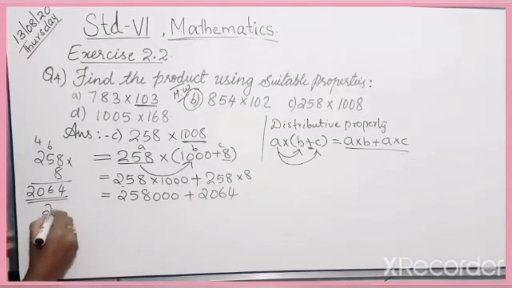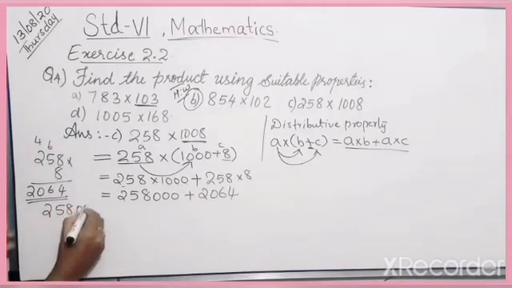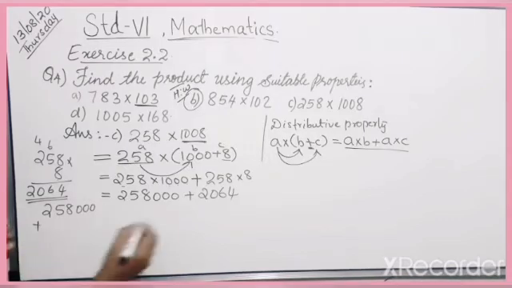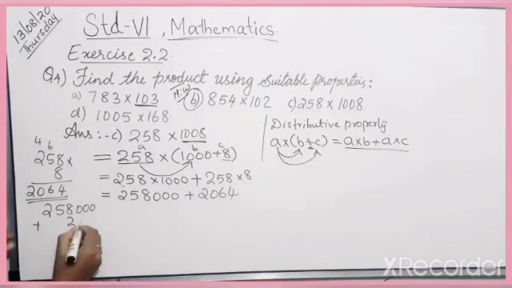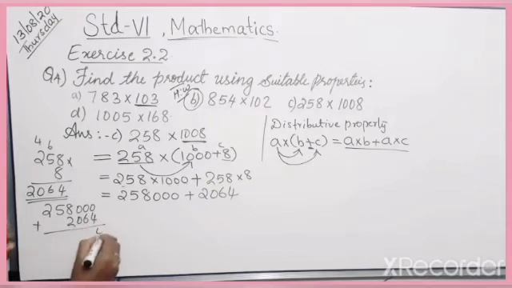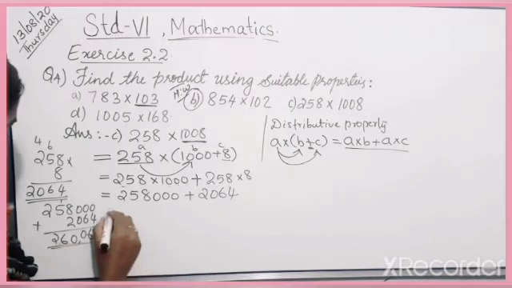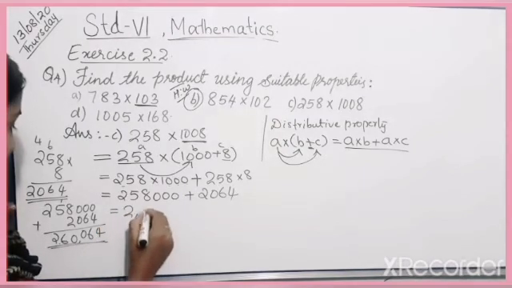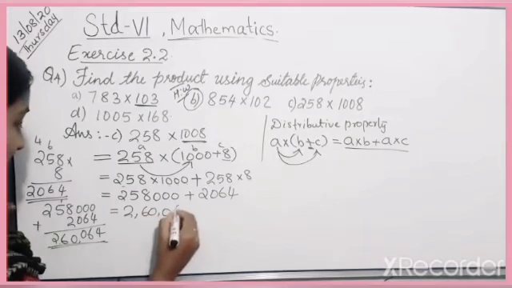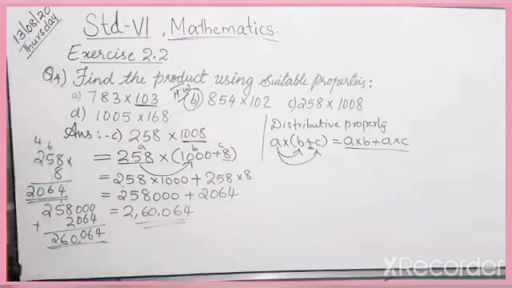Okay, 258,000 plus 2064. Okay, then add: 4, 6, 0, 8 plus 2 is 10, 0, 1, 5 plus 1 is 6, 2. So 2,60,064. What is the answer? 2,60,064 is the answer for this question.